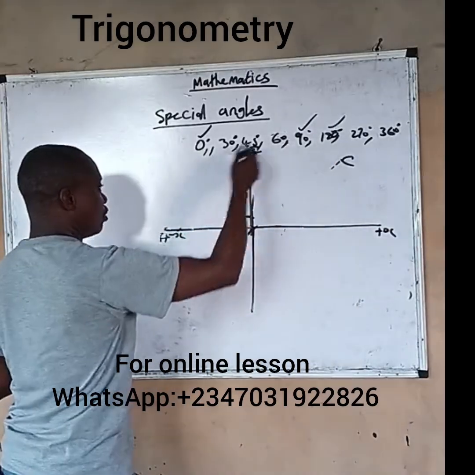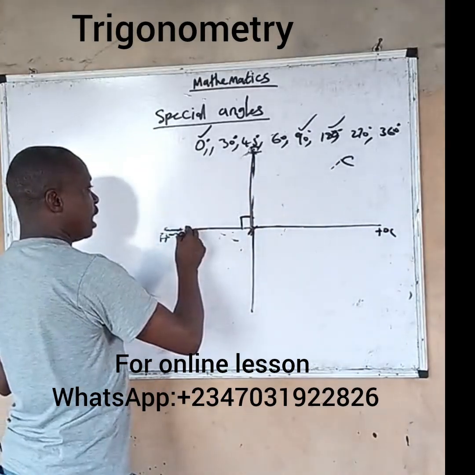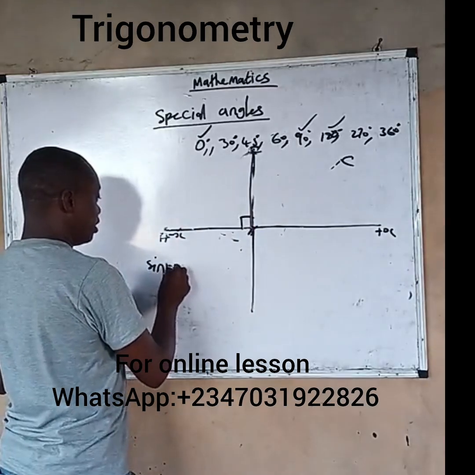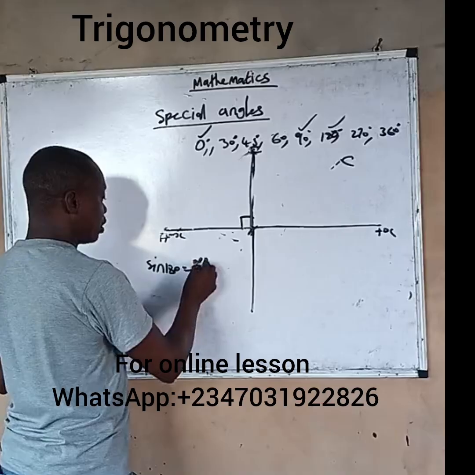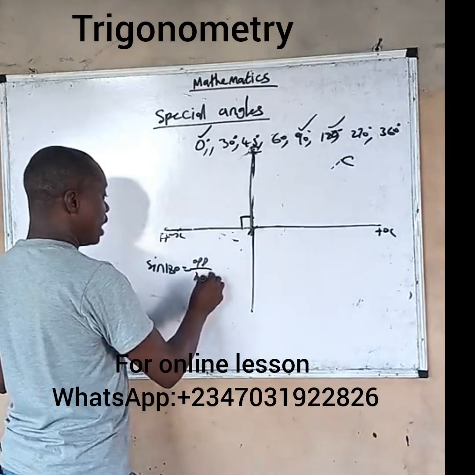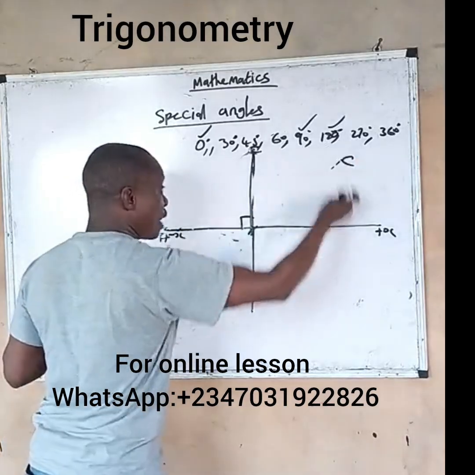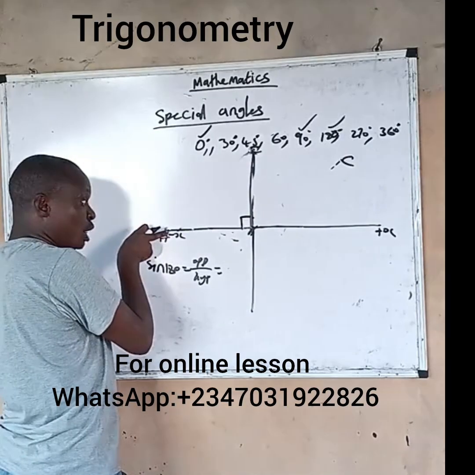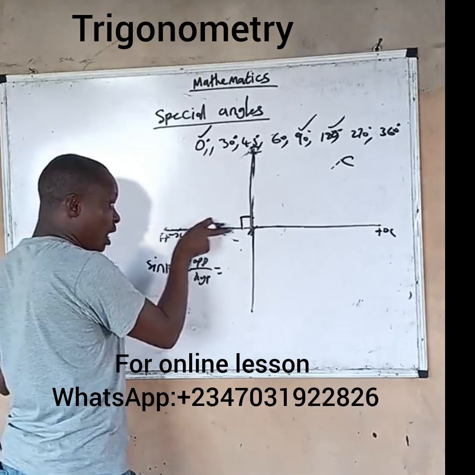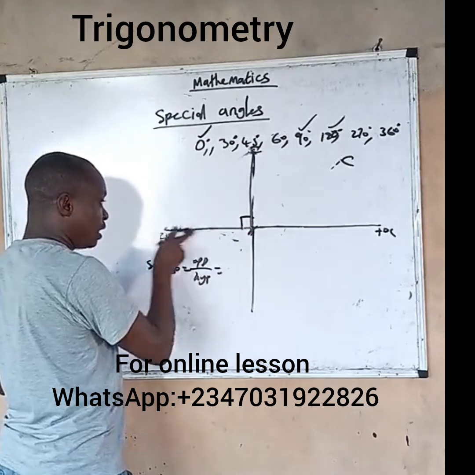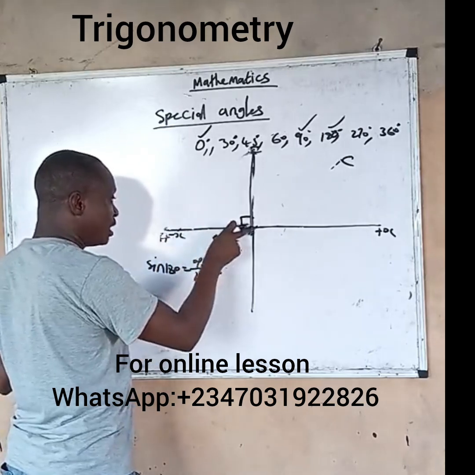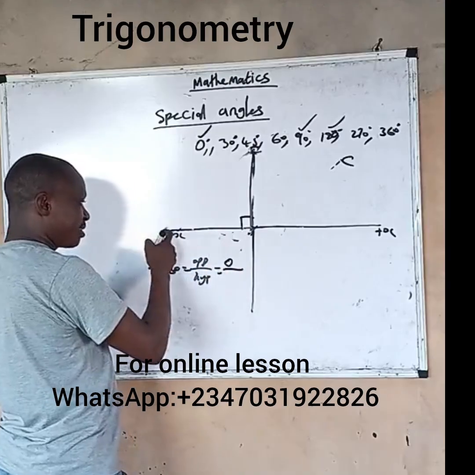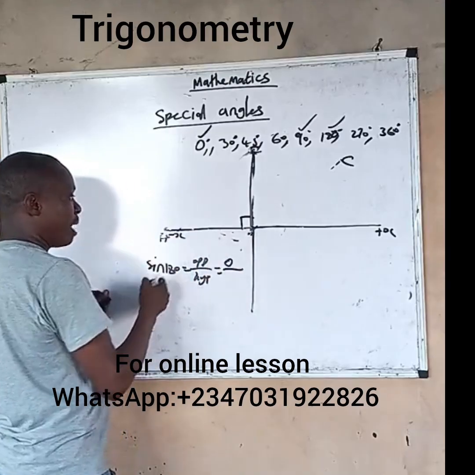Now, when this line is on this line, we are still looking at the same sine 180, which is opposite over hypotenuse. Remember that your opposite is that y component. And on this line of 180, because sum of angles on a straight line is 180, your y here is 0, but your x is minus.